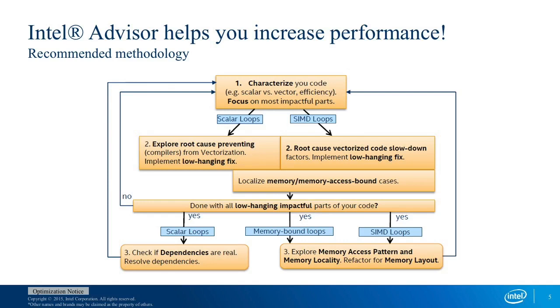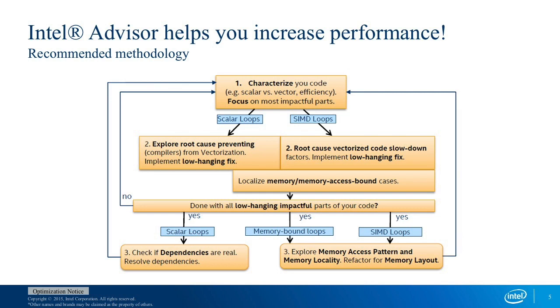And on the other side, if it vectorizes, then you should look for the low-hanging fruit as well. And if you haven't done it, go to the beginning again, or then comes the deeper analysis that you look for the dependencies in the scalar loop, or for the vectorized loop, you look if it's probably memory-bound loops.